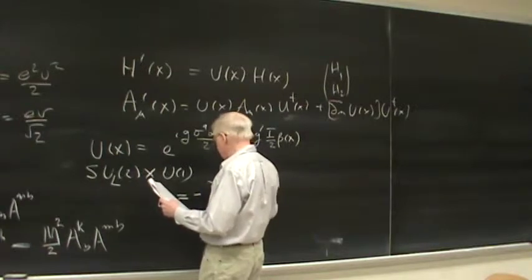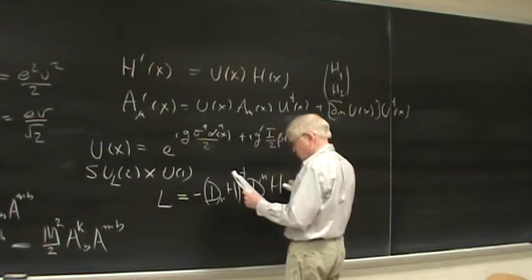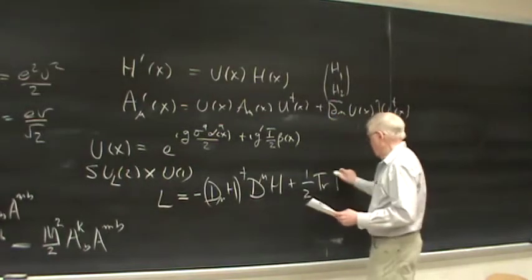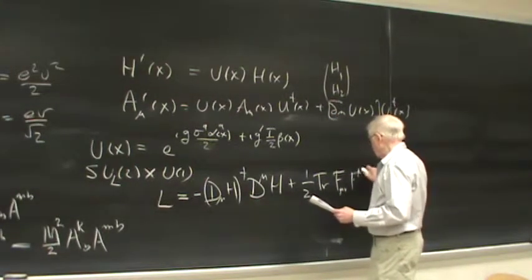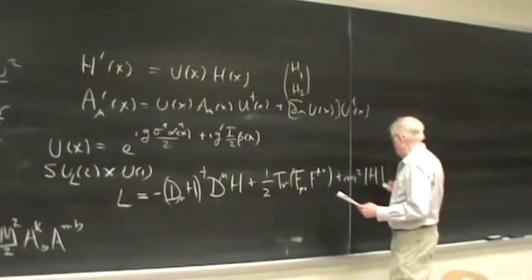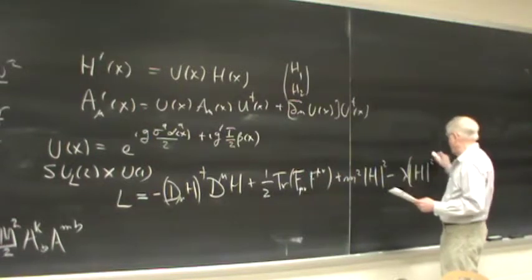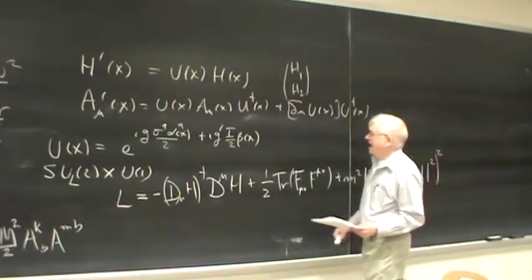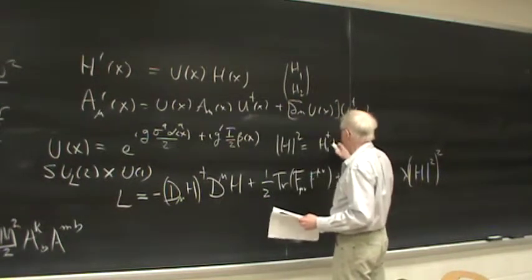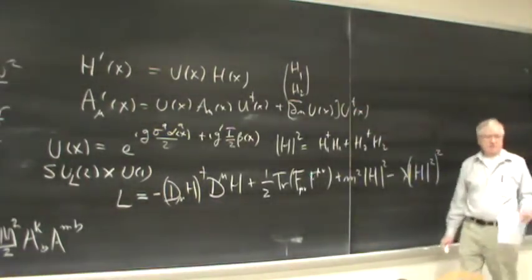Anyway, this is going to be minus D mu H dagger D mu H plus, let's just say a half, rather than screw around with k, F mu nu squared, m squared H squared minus lambda H to the fourth if you want. And of course, H squared is H1 dagger H1 plus H2 dagger H2. That's what we're talking about when we say H squared.